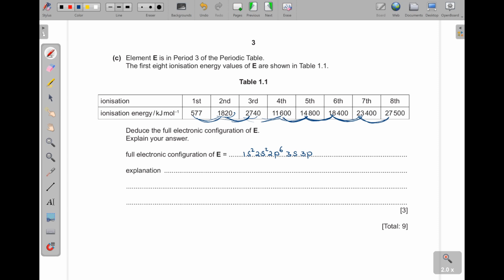Now I want you to look at from 2 to 11, 2000 to 11,000. So that is a very big gap. Okay, it's a large jump. So we can see the large jump between the third and the fourth.